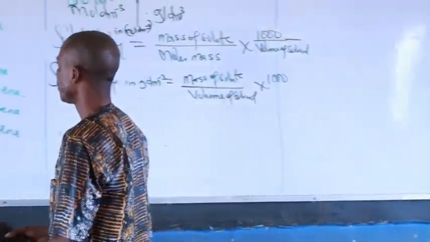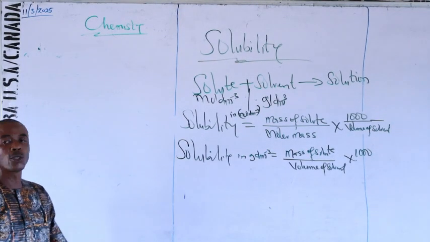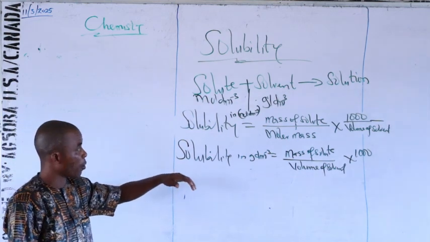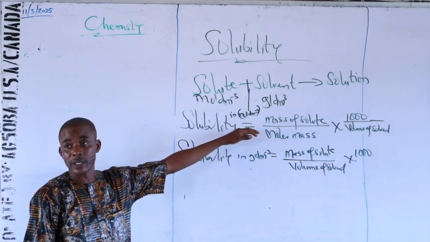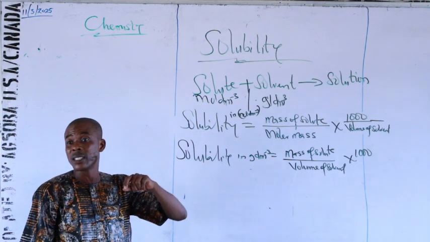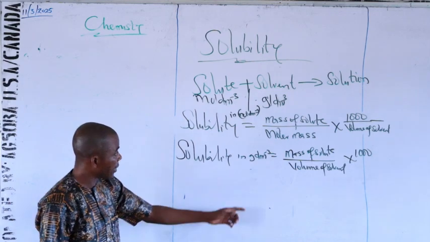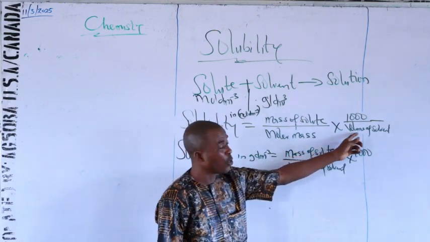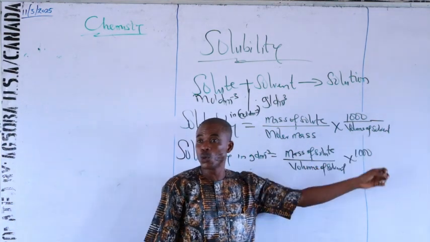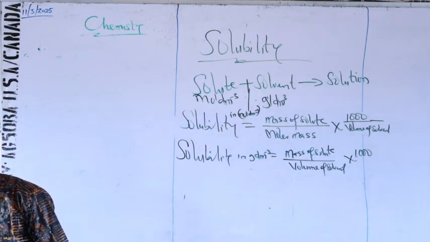Now, the question says we should find the solubility of the salt in mole per dm³. That means the appropriate formula is this one. But from the question, the mass of water is given, which is the solvent, and this formula uses the volume of the solvent. So we need to convert that mass to volume.